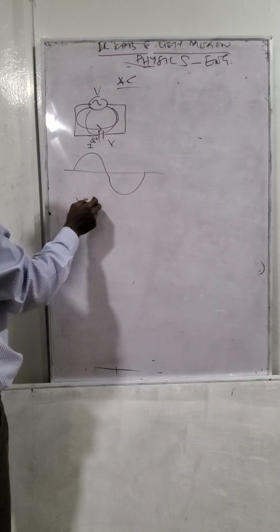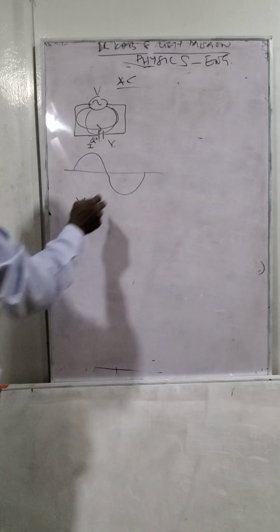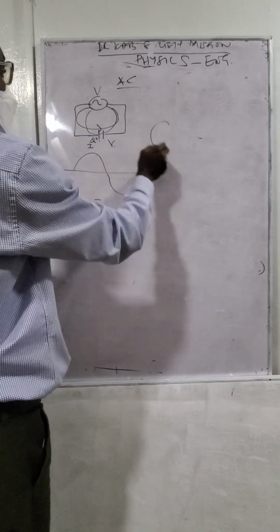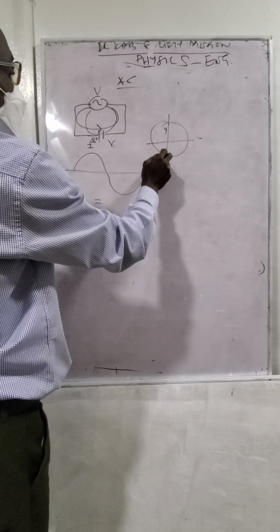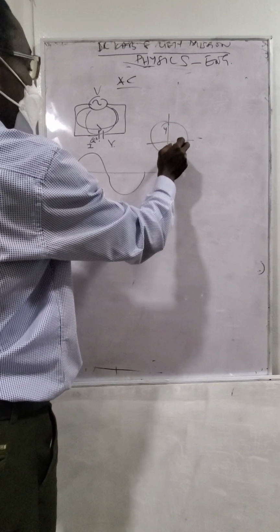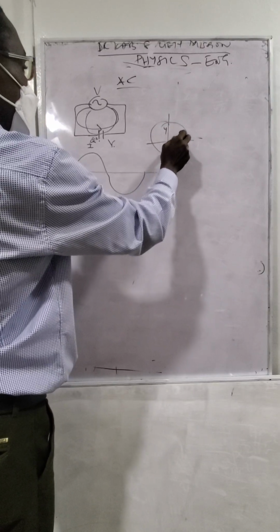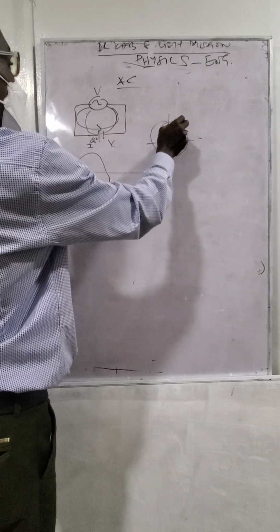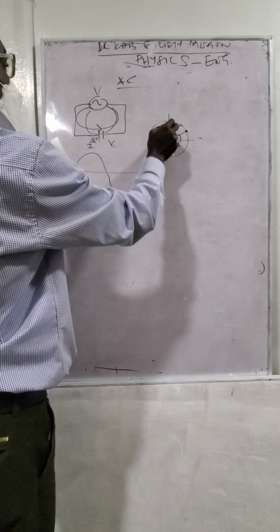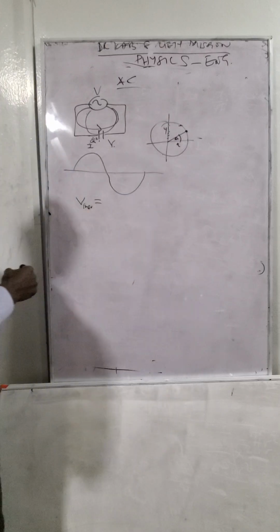So at any instant, the instantaneous voltage will be what? We know this is similar to the circle equation that we did, where we have y and then this is time. So at this angle, the current is here, it's changing along this. So at every point we have a certain change.